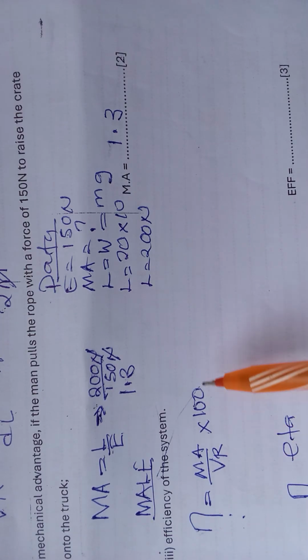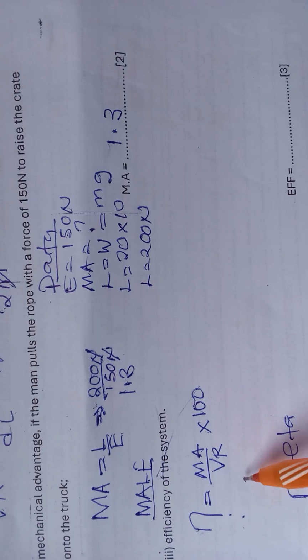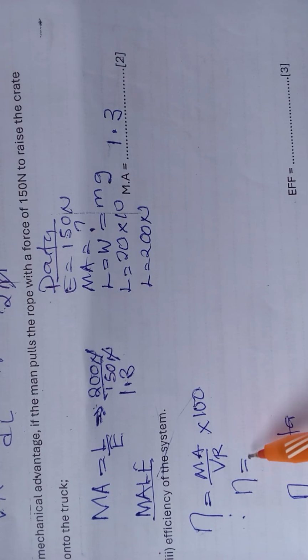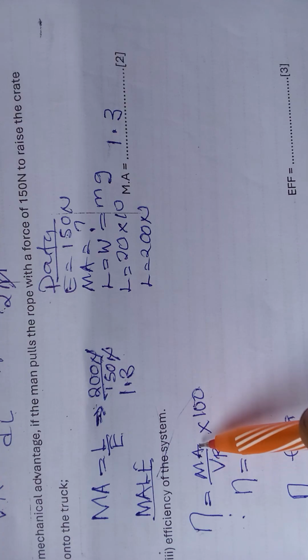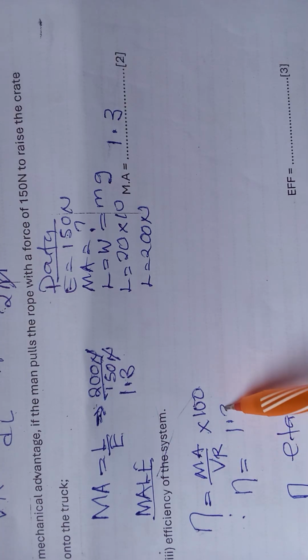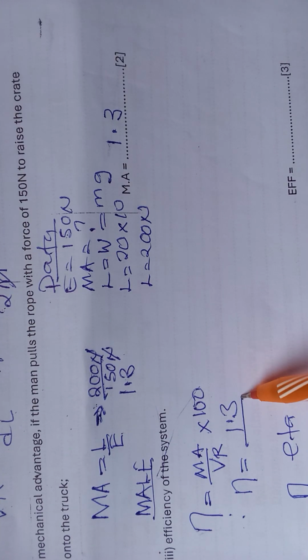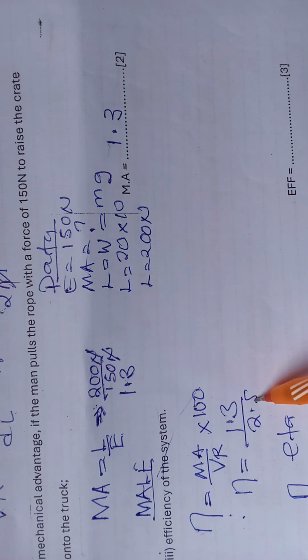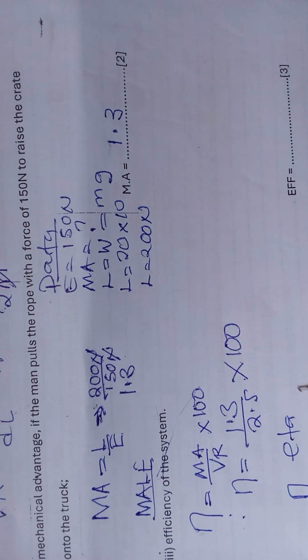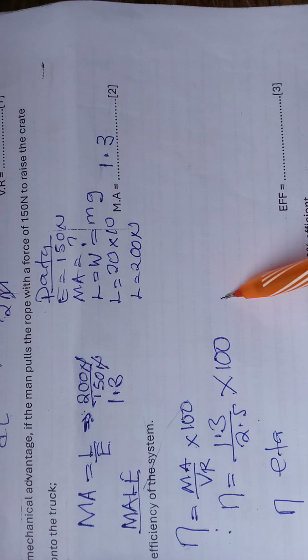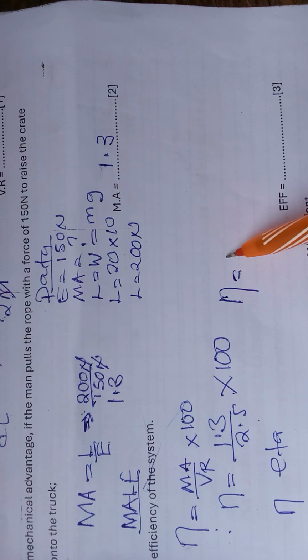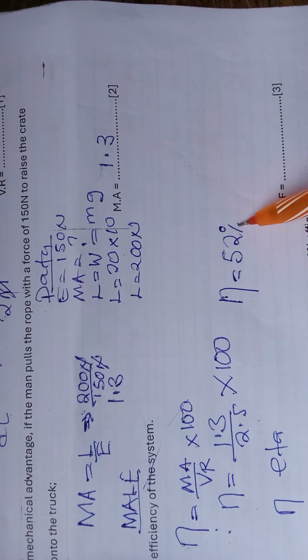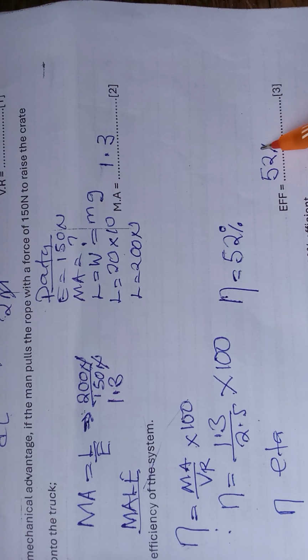So from our information, eta is equal to our mechanical advantage, which is 1.3, divided by our velocity ratio, which is 2.5, multiplied by 100. So finally, eta is equal to 52%. So you write 52% as our efficiency.